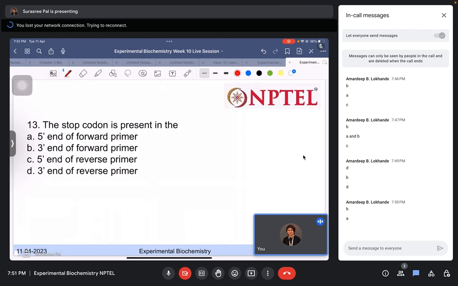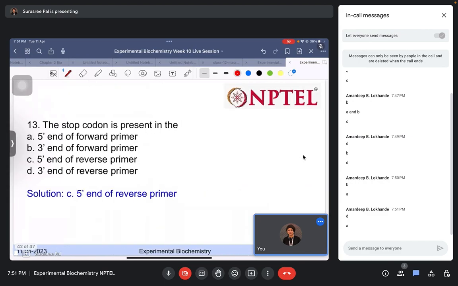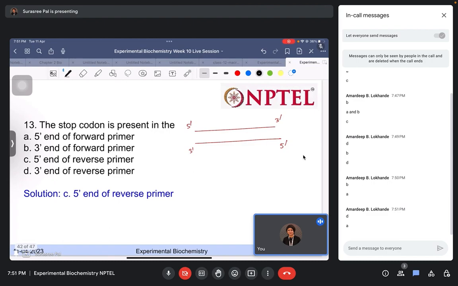So the stop codon. Okay. So the stop codon is present at the 5 prime end of a reverse primer. So suppose this is the 5 prime to 3 prime strand and this is the 3 prime to 5 prime strand. The reverse primer will sit here, right? This will be the 5 prime end.